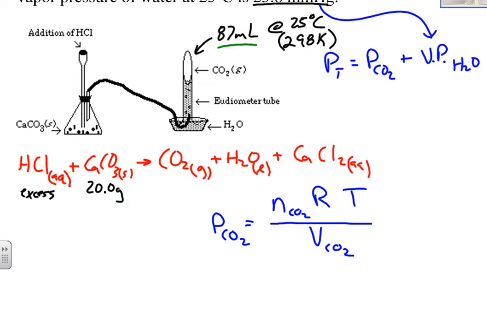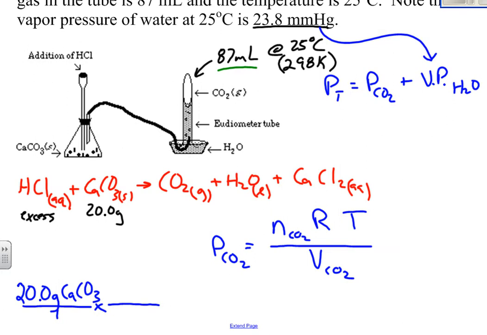So we have a little stoichiometry to do to get there. We have 20.0 grams of our calcium carbonate. We have, if I did my math right, 100 grams of calcium carbonate to 1 mole of calcium carbonate.